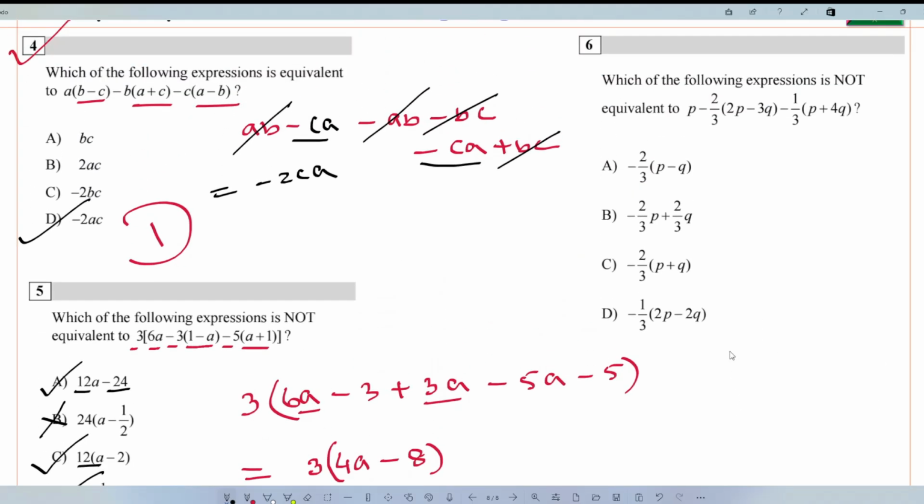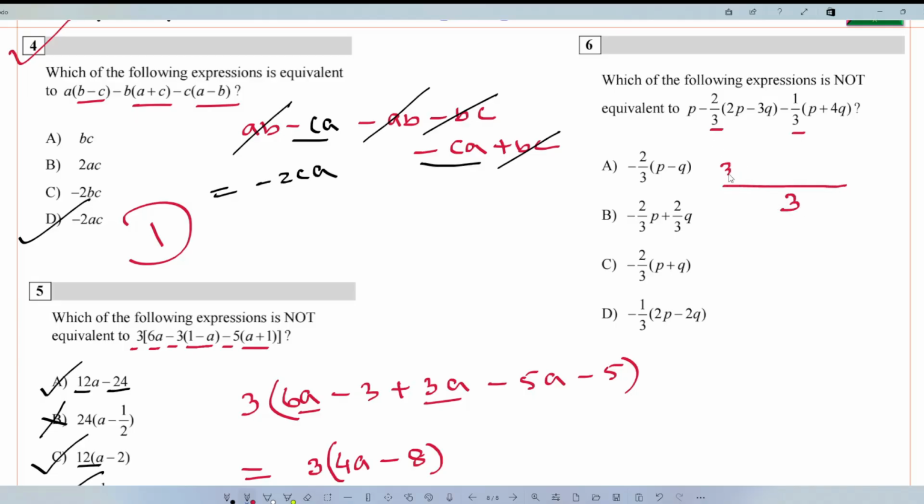Now number 6. Which of the following expressions is not equivalent to (p minus 2 by 3) times (2p minus 3q) minus 1 by 3 times (p plus 4q)? This one is also a similar thing. First we have to expand this one. Look, here the denominators are 3 and 3, we can directly write 3.